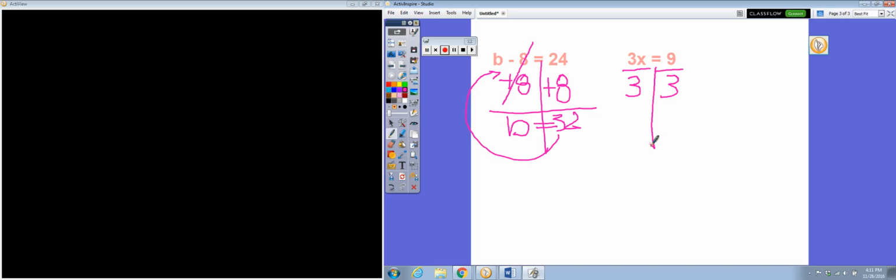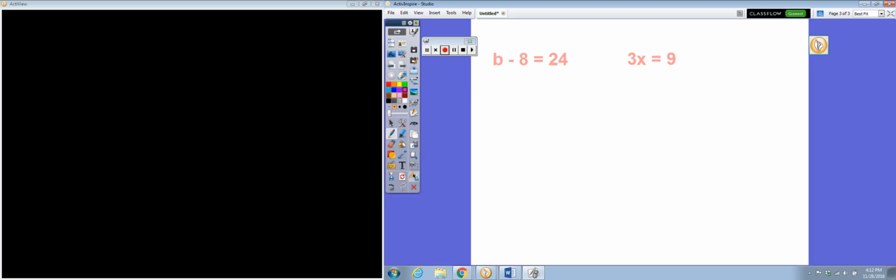Now, sometimes people want to divide by 9, but we are going to take the coefficient, which is the number in front of the variable, and we're going to divide by what that number is. So that means 3 divided by 3 becomes 1x, and that's what we want. We want a 1 in front of the x. 9 divided by 3 is 3. So what we're saying is x equals 3. And if we test it out, 3 times 3 is 9.